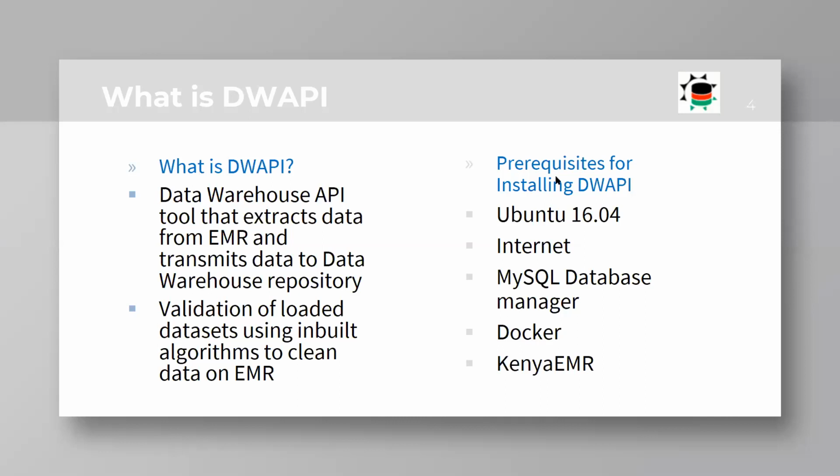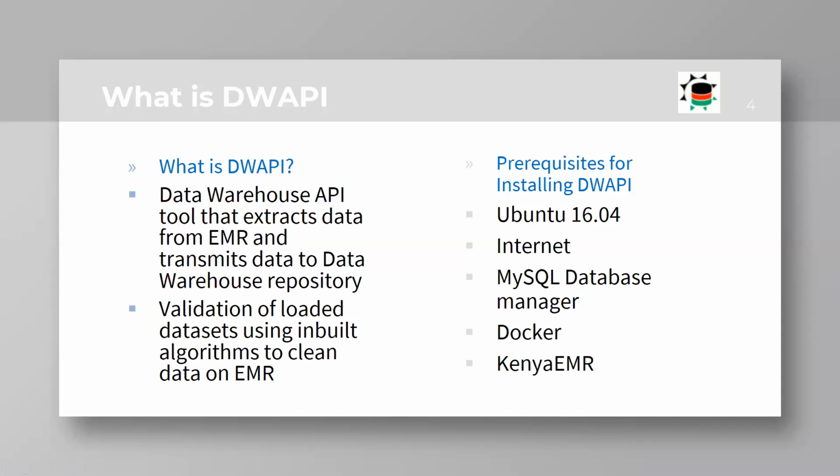So what are the prerequisites that we need when installing DWAPI? For this particular environment, we recommend you should have Ubuntu OS version 16.04. You will need internet to download and update DWAPI and Docker container.